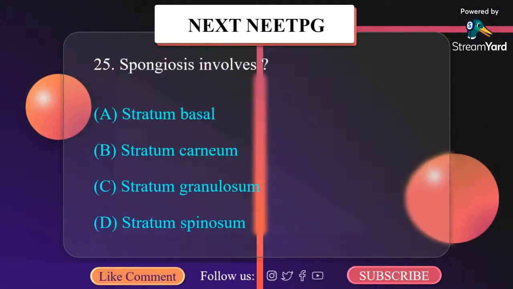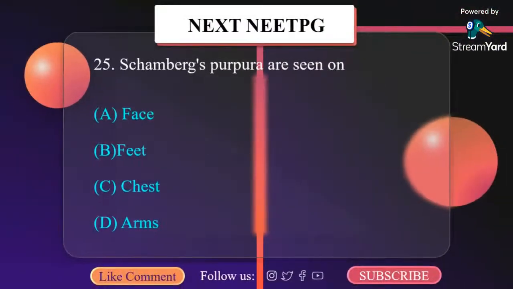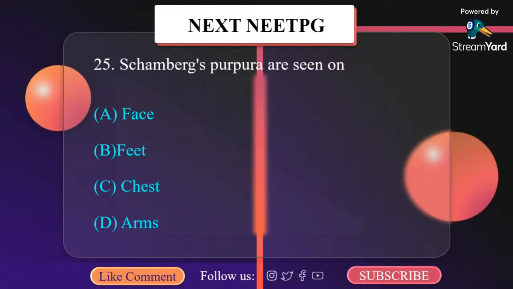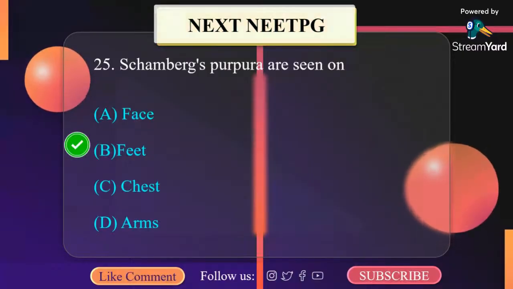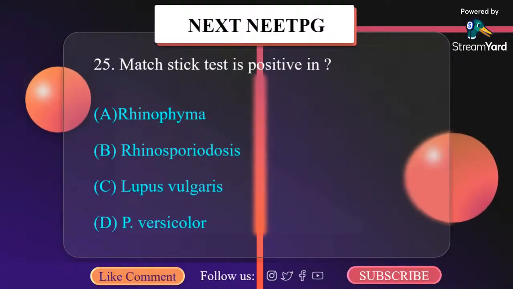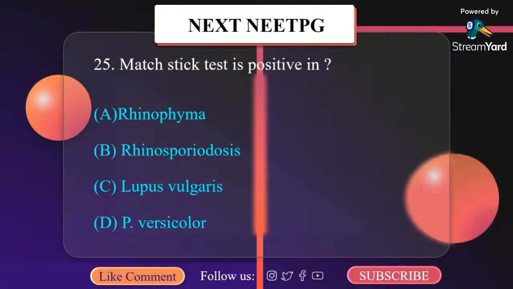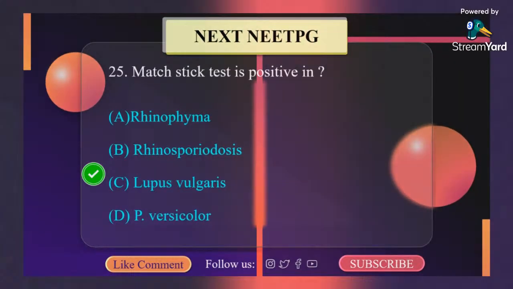B. Stratum corneum. C. Stratum granulosum. D. Stratum spinosum. It is stratum spinosum. Chilblains are seen on: A. Face. B. Feet. C. Chest. D. Arms. It is feet. Matchstick test is positive in: A. Rhinophyma. B. Rhinosporidiosis. C. Lupus vulgaris. It is lupus vulgaris.